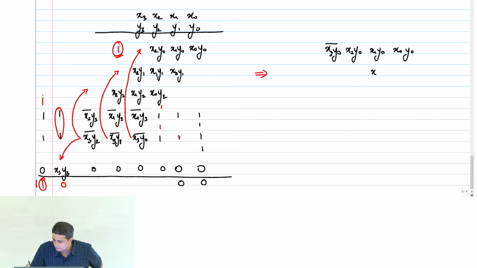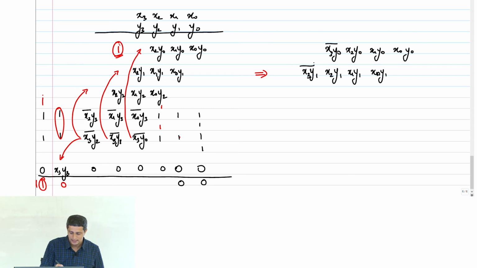Then I have x0, y1, x1, y1, x2, y1 and x3, this is y1 bar. That is basically the term that we got, x3, y1 bar here.